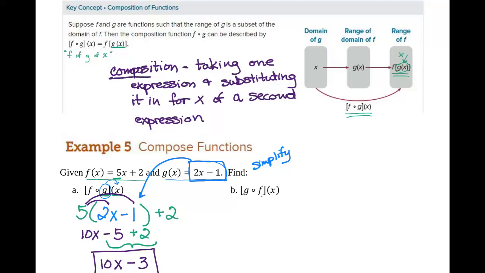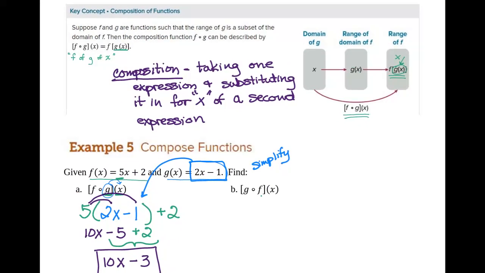Okay, a composition, that's what we call it. Taking one expression and substituting it in for x of a second expression.